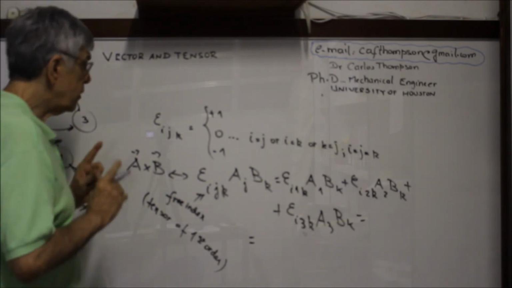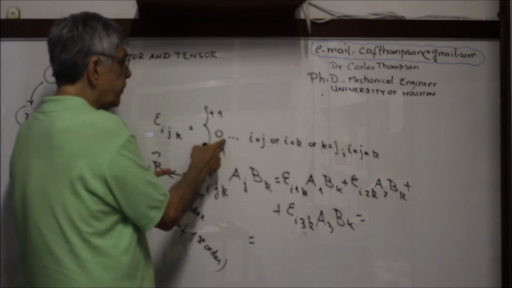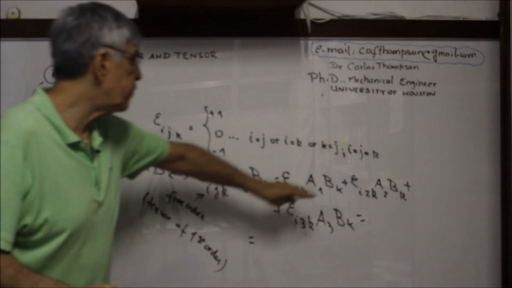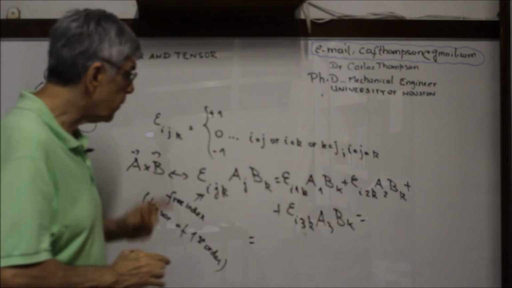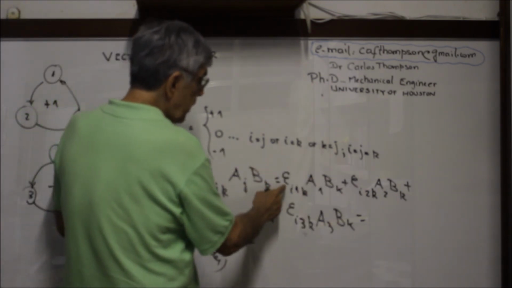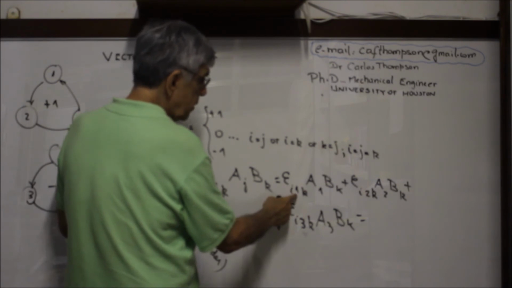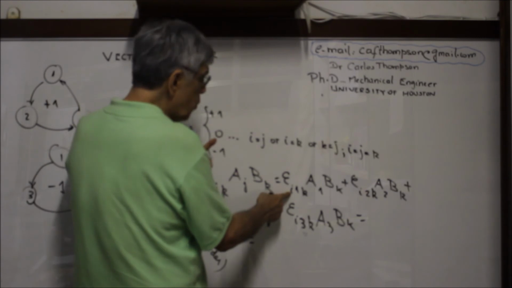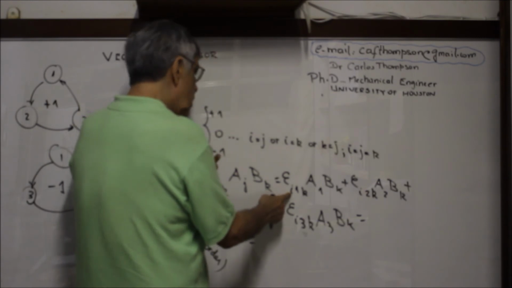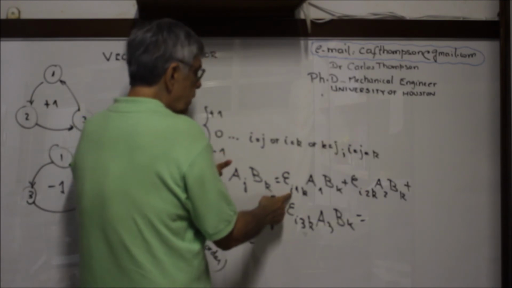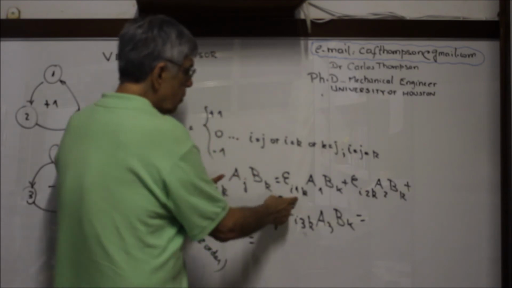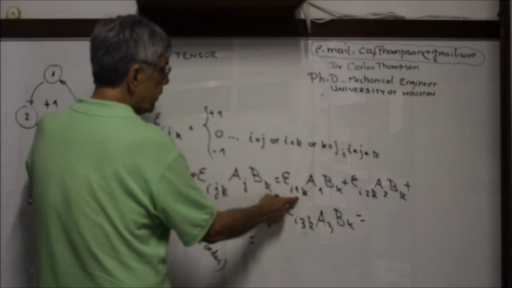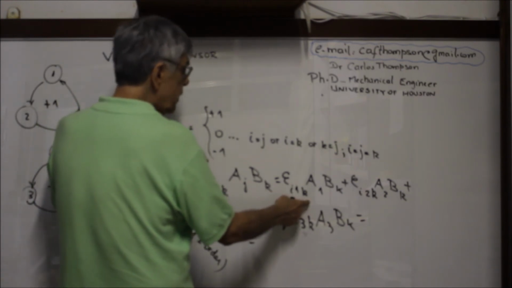You see, this 0 here is very important for us to simplify some terms over here. Look, you see this epsilon i1. Now, i cannot be 1. Otherwise, it can, but it will be 0. For i equal 1, this term here will be 0, doesn't matter what k it is.